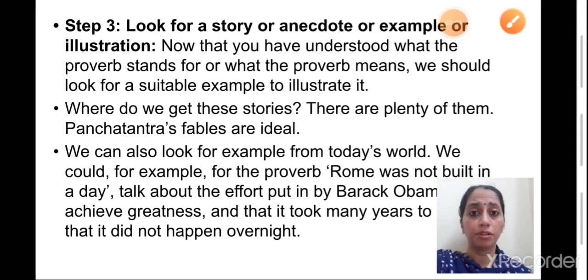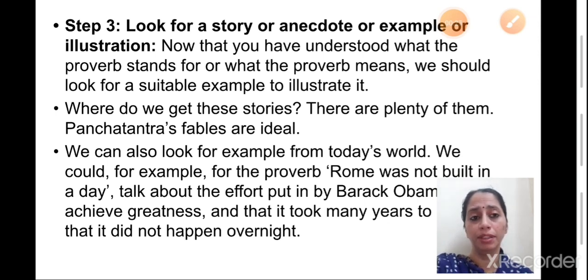So, our proverb is Rome was not built in a day, which means success and greatness cannot be achieved in one day. Okay, so what can be examples related to this? Let us see. We can also look for examples from today's world.